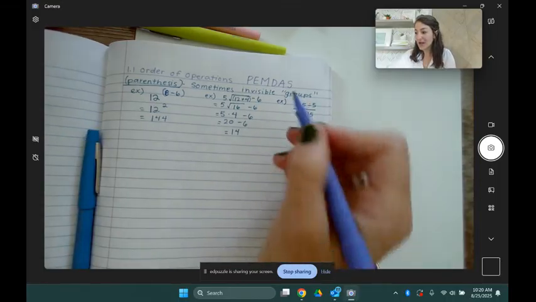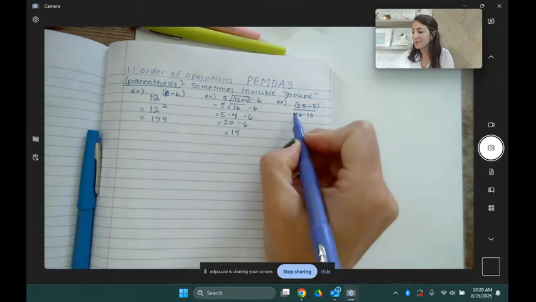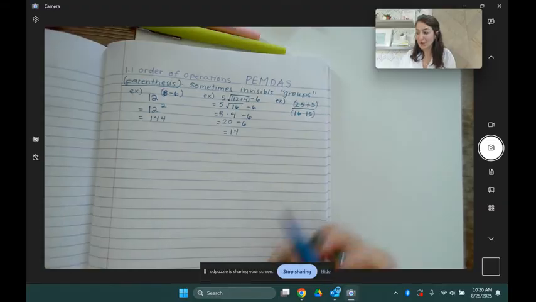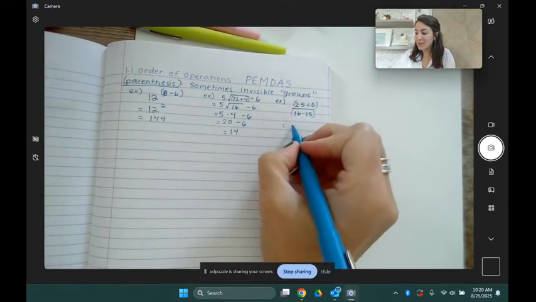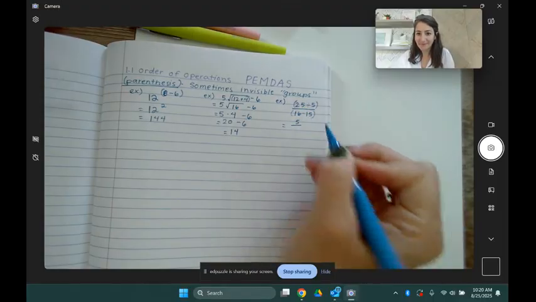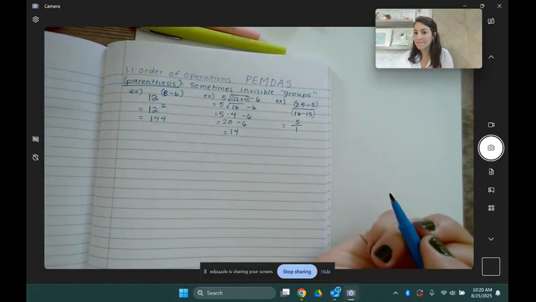There's the group on the top in the numerator, and there's the group on the bottom in the denominator. So there's really two sets of parentheses here that we need to simplify first. So on top, 25 divided by 5, that's 5. On the bottom, 16 minus 15, that's 1.